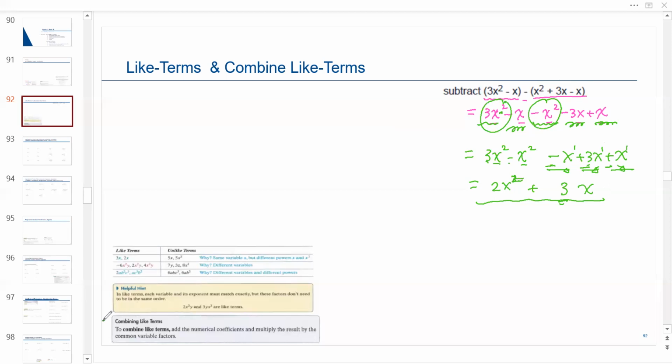So just like they're saying here, to combine like terms, add the numerical coefficients and multiply the result by the common variable factors. What is a common variable factor?